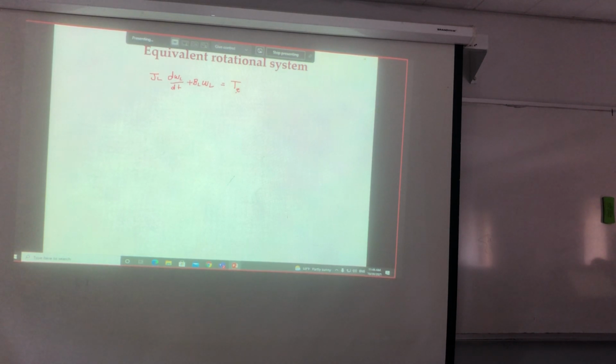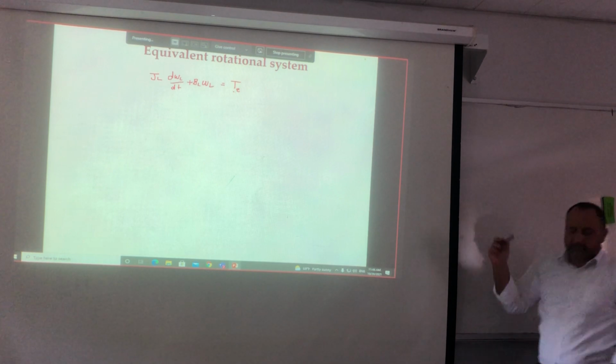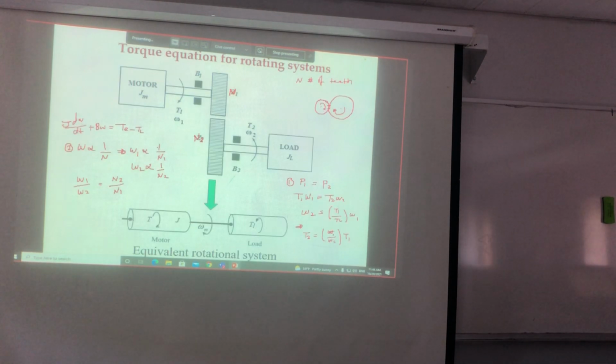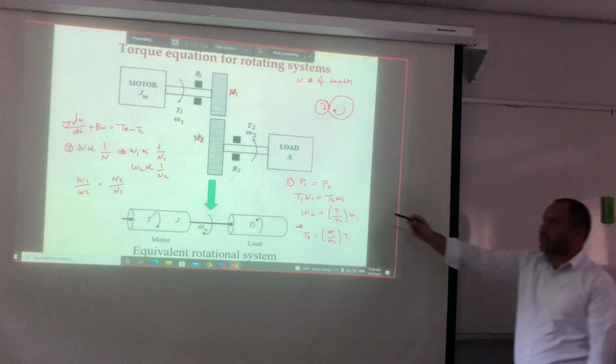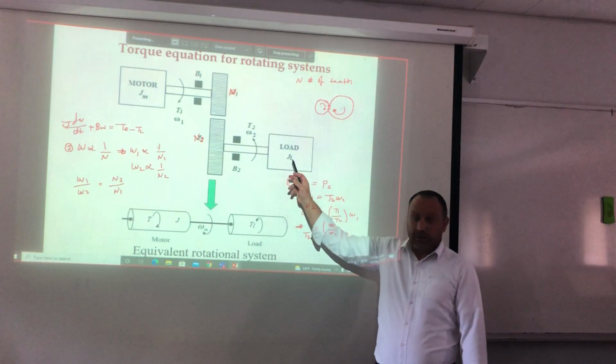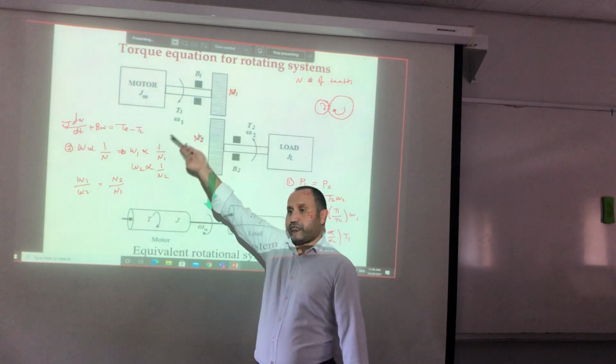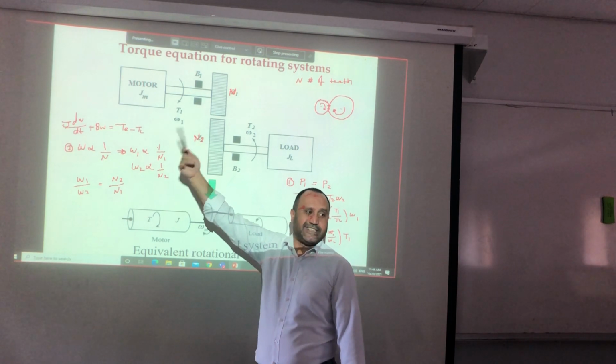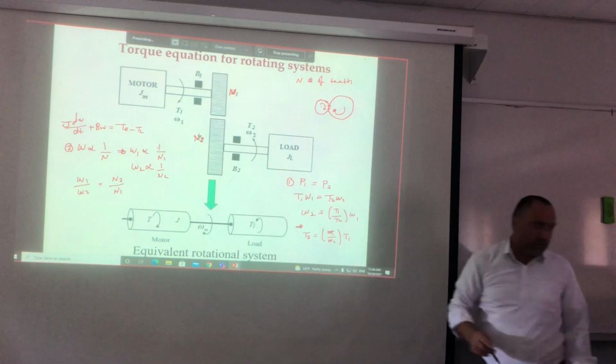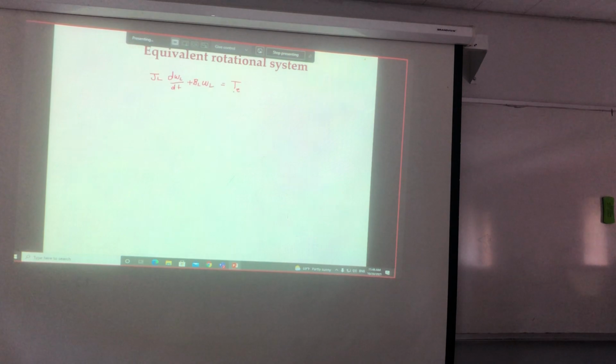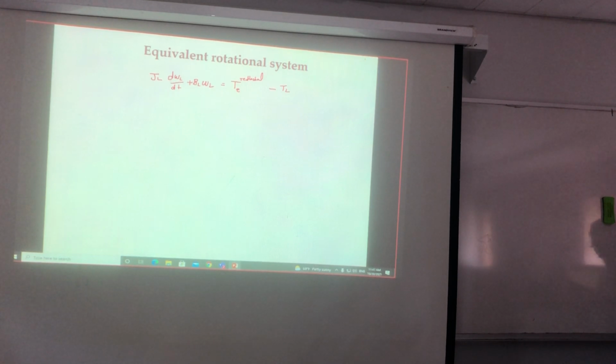This one is reflected. Why? Because I'm writing the equation on this side. So now I need to reflect T1, or what I call TE, to the load side. So this will be TE reflected minus T load. And we know the relation between T1 and T2.